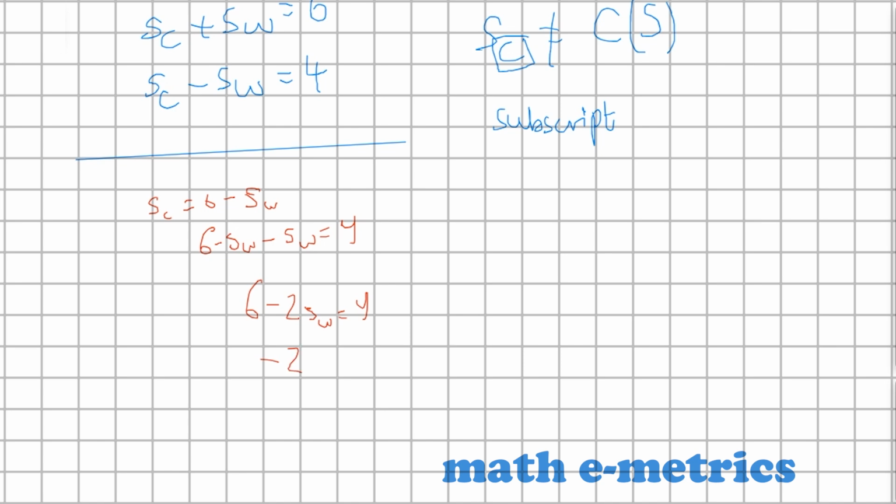Then minus 2 SW equals minus 2. Divide that by negative 2.